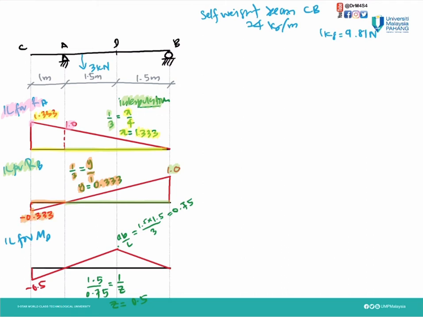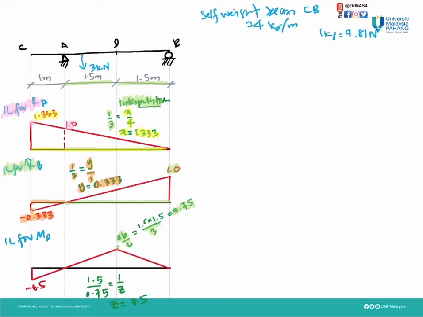Then for the influence line MD, we know the formula for the peak at D is ab divided by L. So 1.5 times 1.5 divided by the total length of 3. So the value here is 0.75. Then use interpolation.